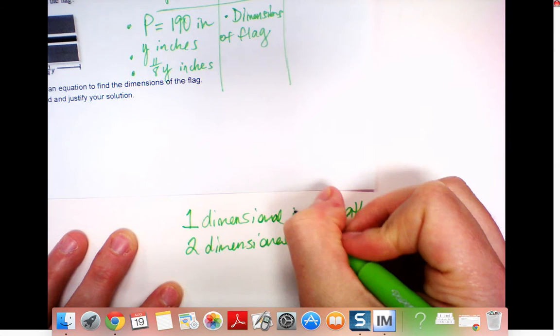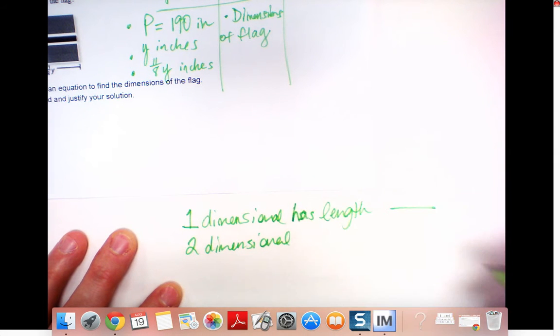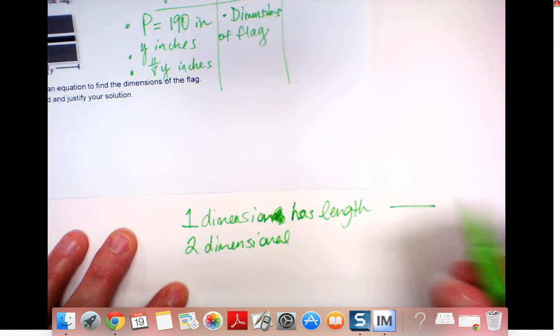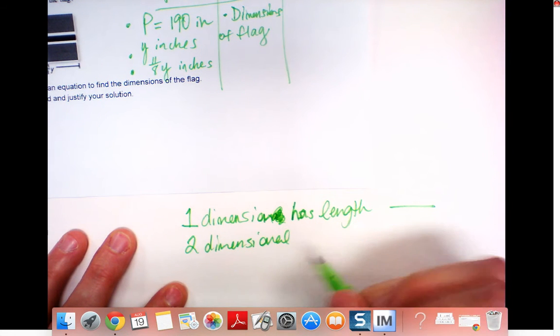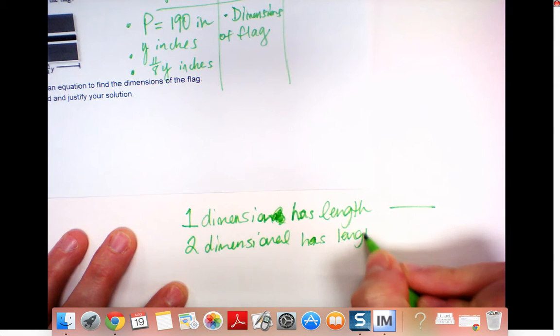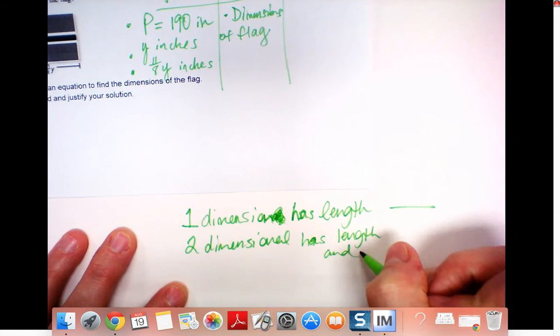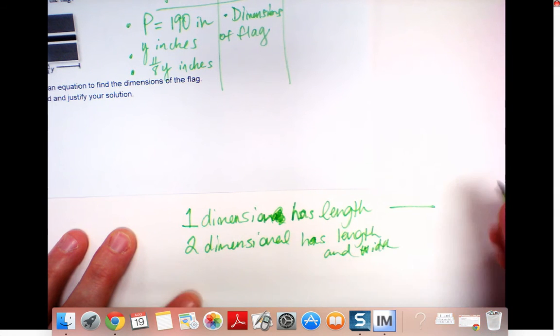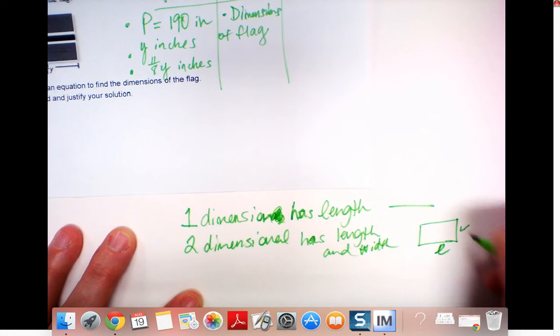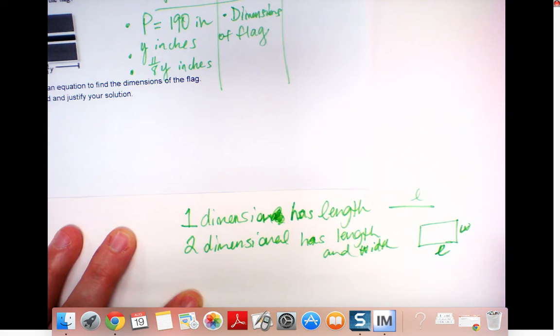Sorry. Okay. One dimension has length, such as that line. Two dimensions has length and width, such as the flag we're looking at. It's a rectangle. We have length and width. That one just has length.